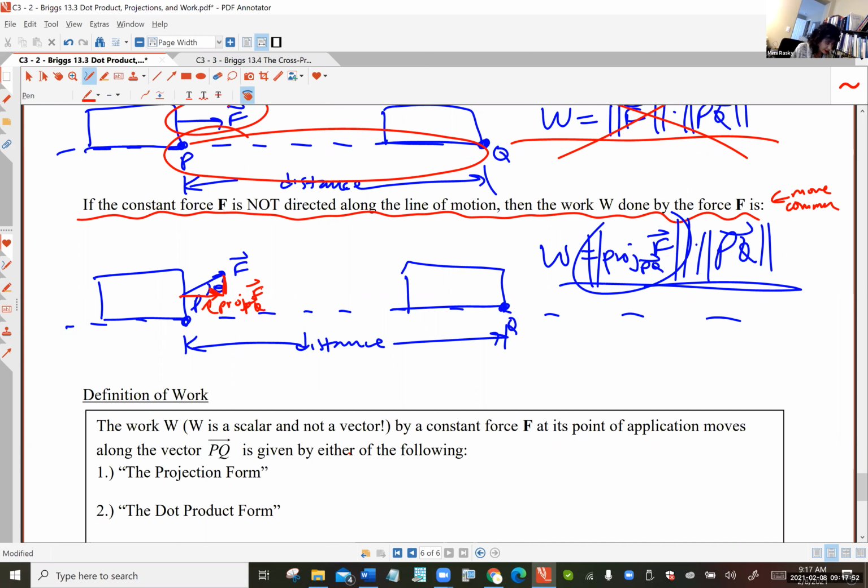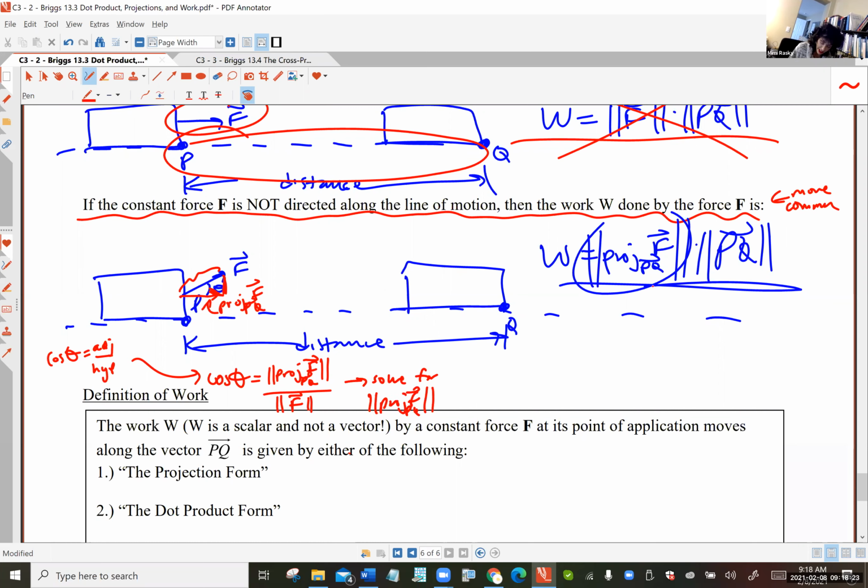If you use a little bit of trig where cosine theta is equal to adjacent over hypotenuse, then you're basically saying that cosine theta is equal to the magnitude of the projection of your force vector onto the ground, the PQ vector, all over the hypotenuse, which is this length here, but that's just going to be the magnitude of F. Then I'm going to solve this little formula for the magnitude of the projection of F on PQ.